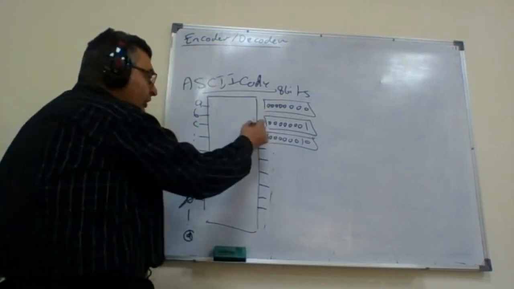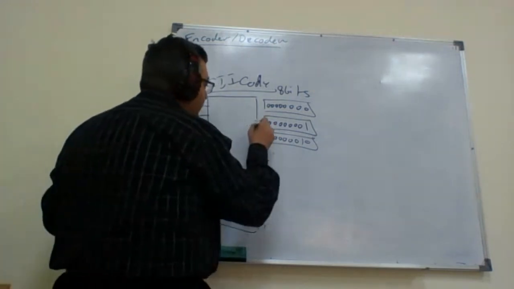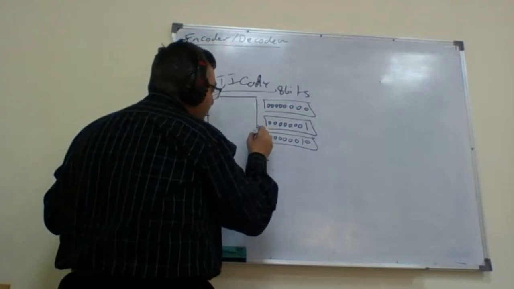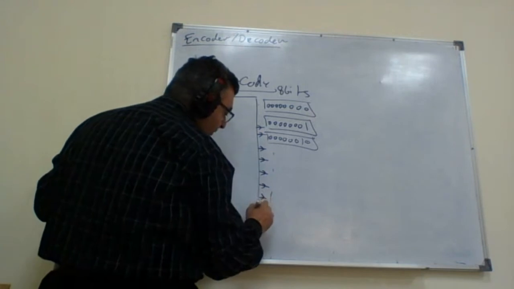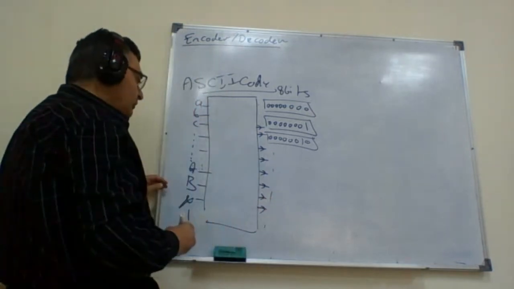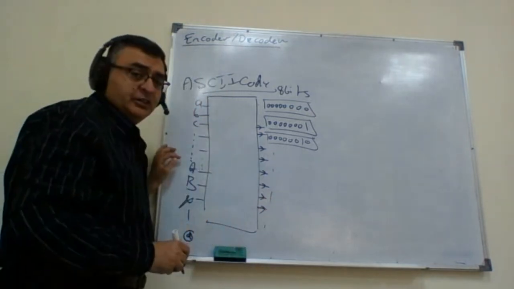So those wires here will simply give me what? Give me the value of the combination for the button pressed here.